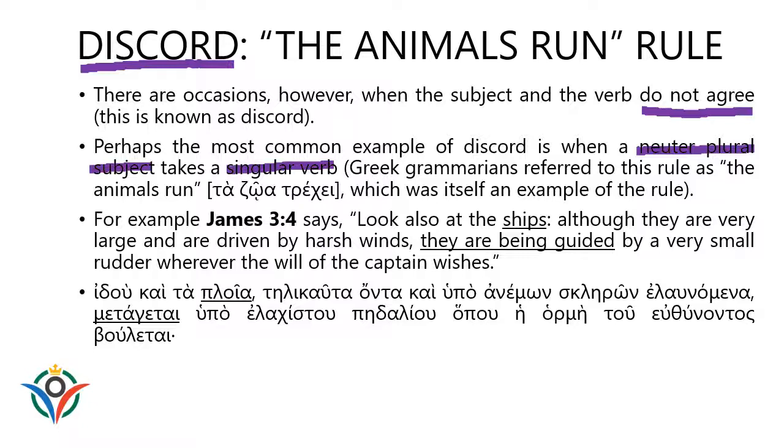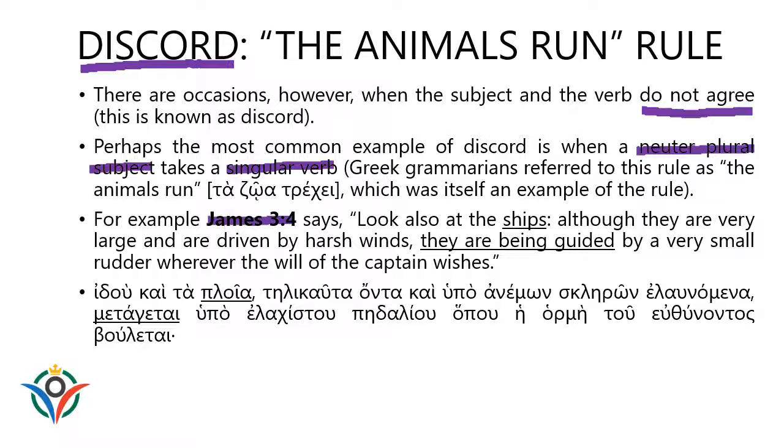Greek grammarians referred to this rule as the animals run, the ta zoa treke, which was itself an example of the rule.